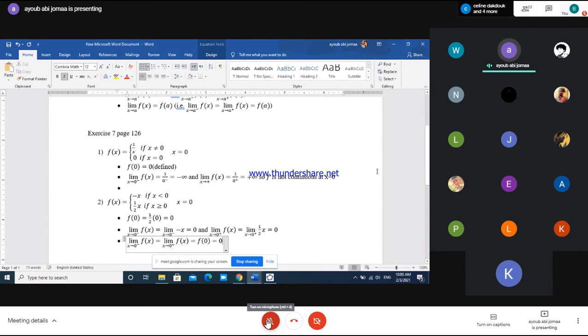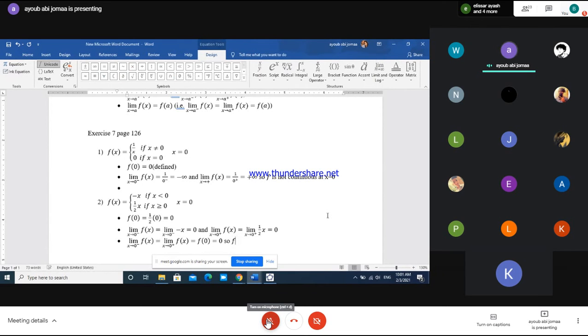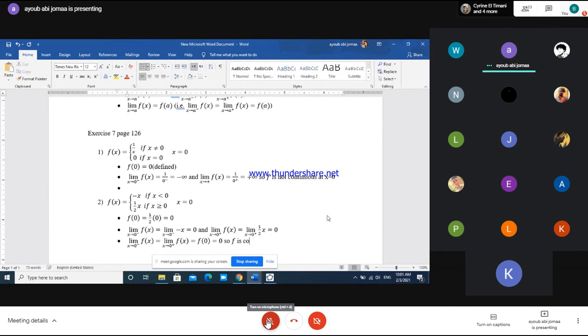So the function f is continuous at x equals 0. Okay?